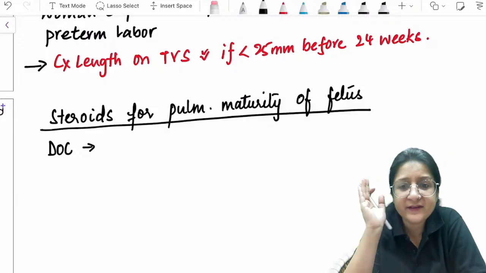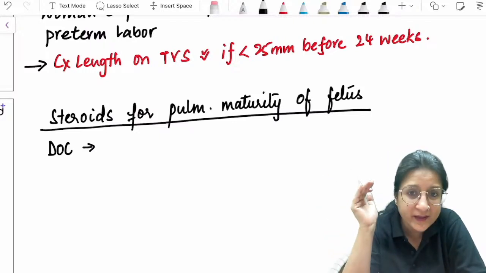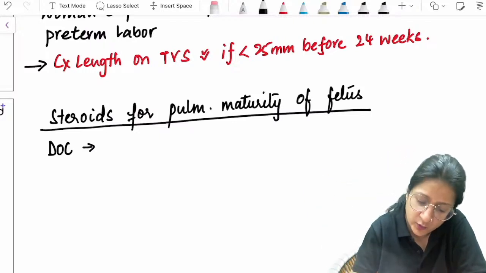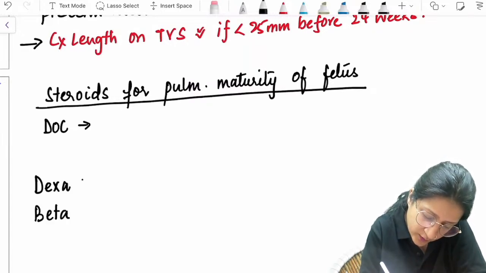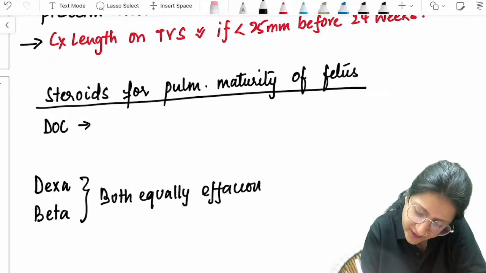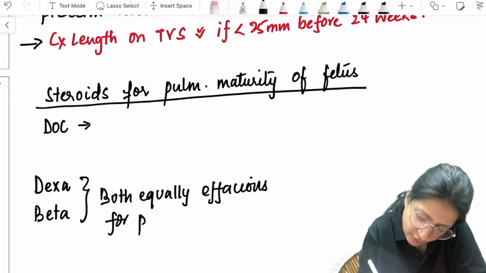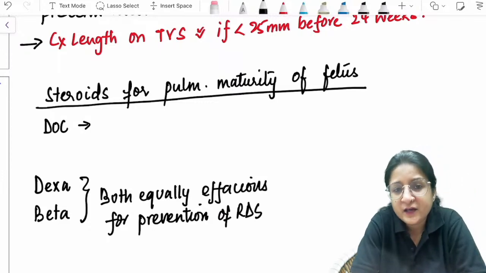We have two. We have dexamethasone, we have betamethasone. Okay, both are equally good. Both are equally efficacious for prevention of respiratory distress syndrome in the newborn.